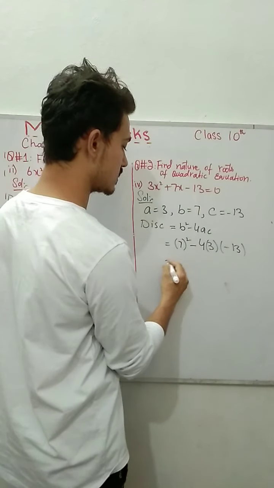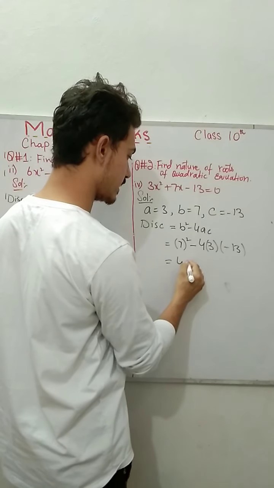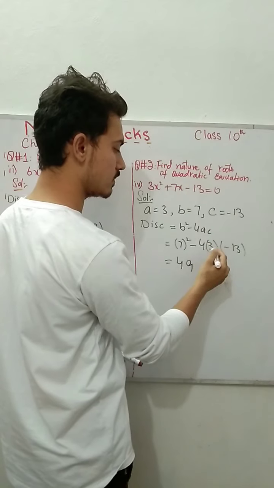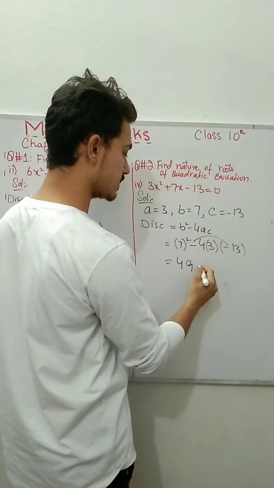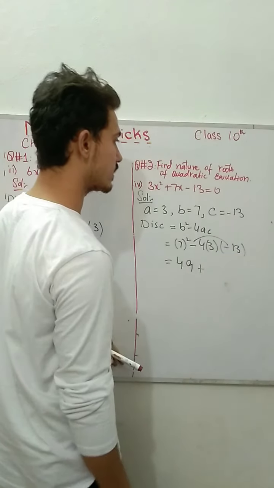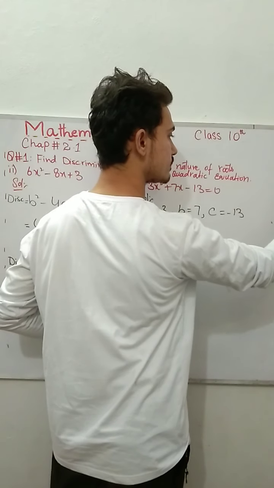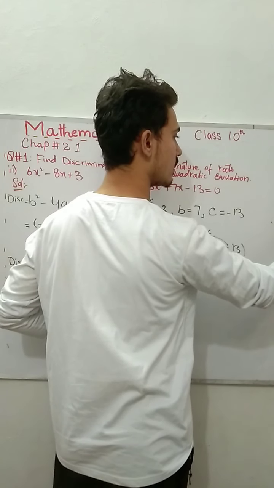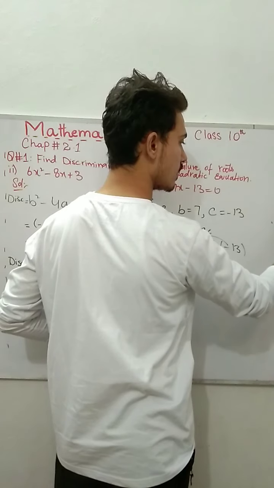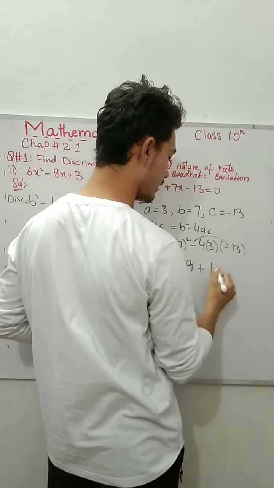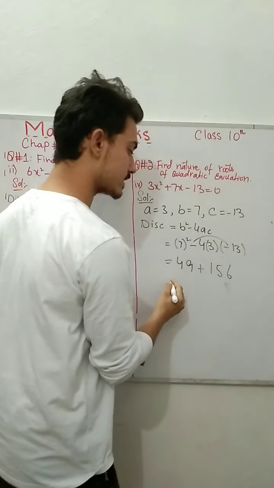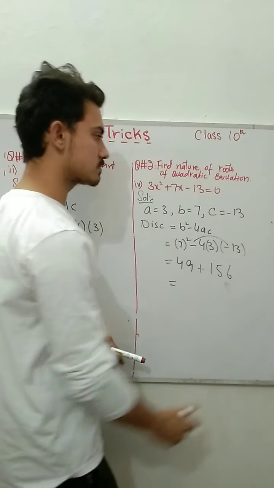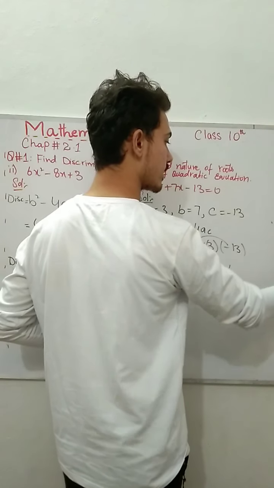The square of 7, 7 sevens are 49. 4 times 3 is 12, minus, minus becomes plus, 12 into 13. I got 156. Let's add them: 156 plus 49.